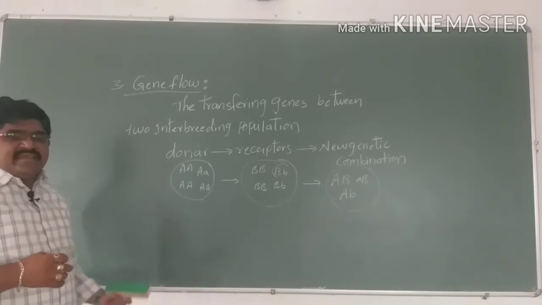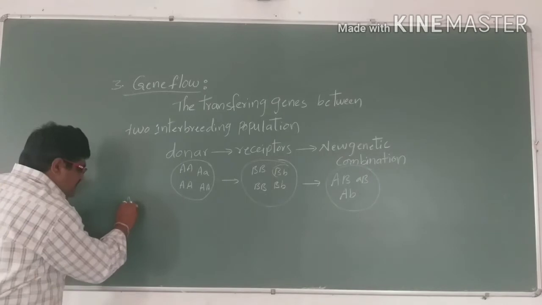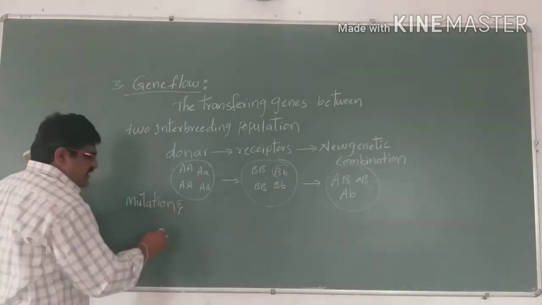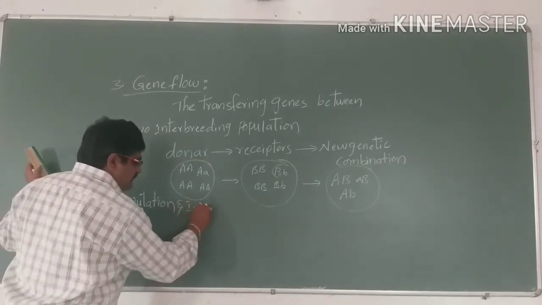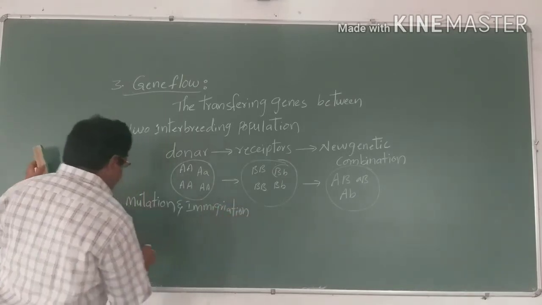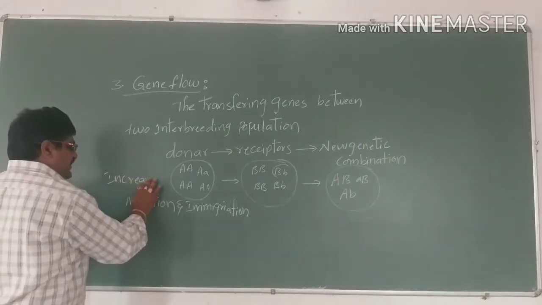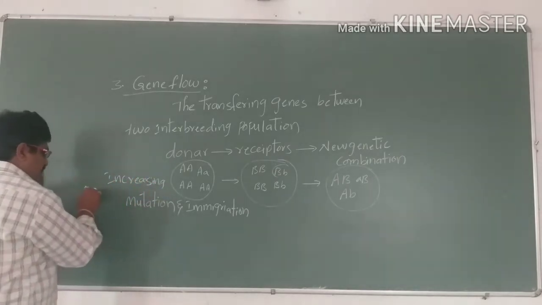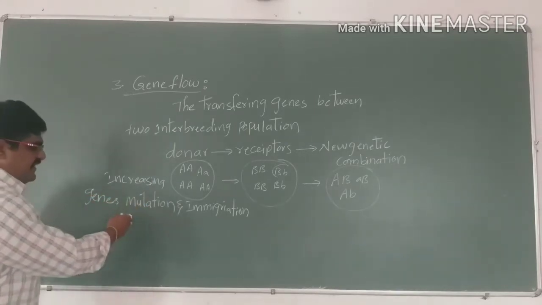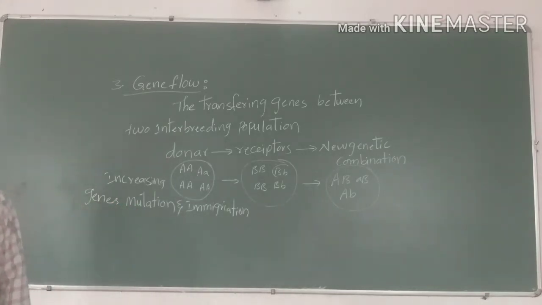The increase takes place due to the factors of mutation and immigration. So, it is due to increasing the gene population. The main factors are mutation as well as migration.